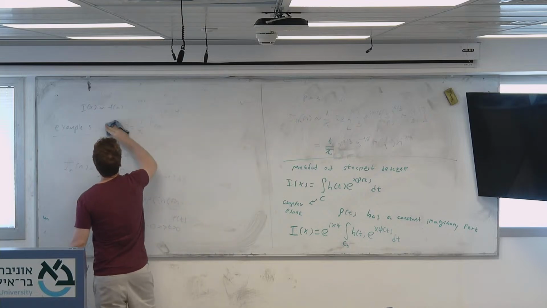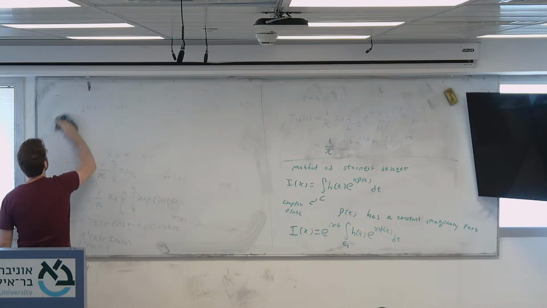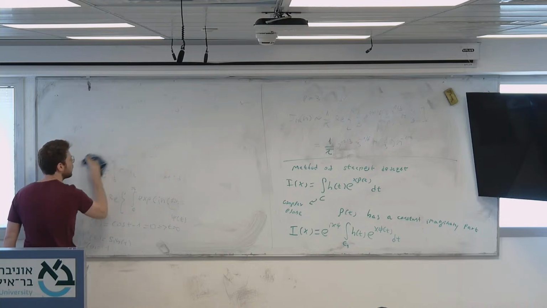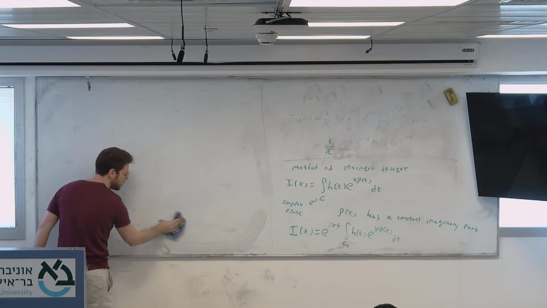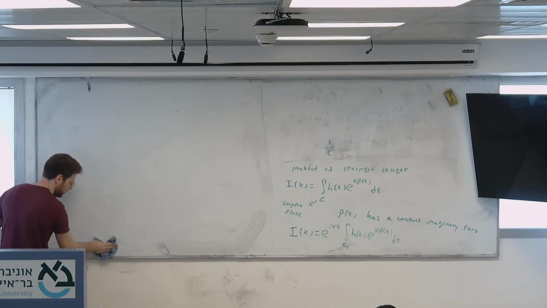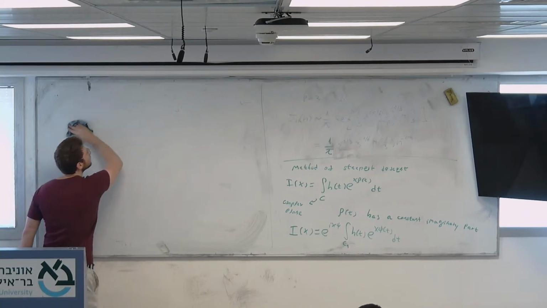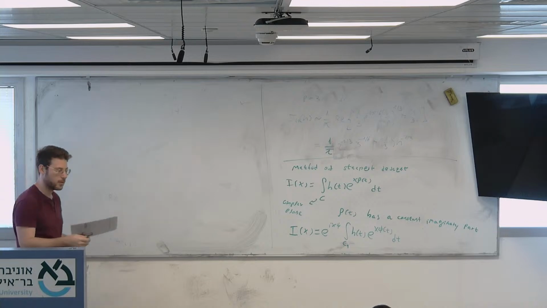And it turns out that the contour where the imaginary part is constant is also the direction of steepest descent.